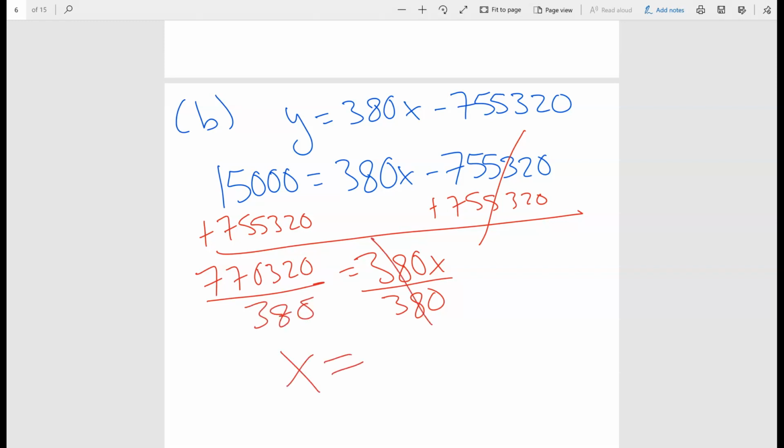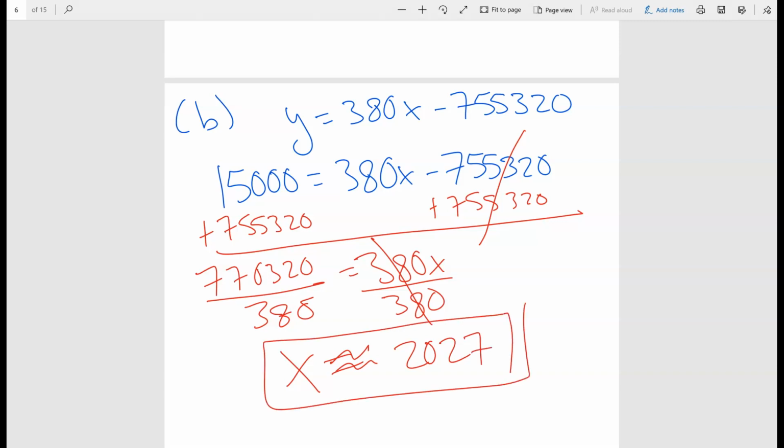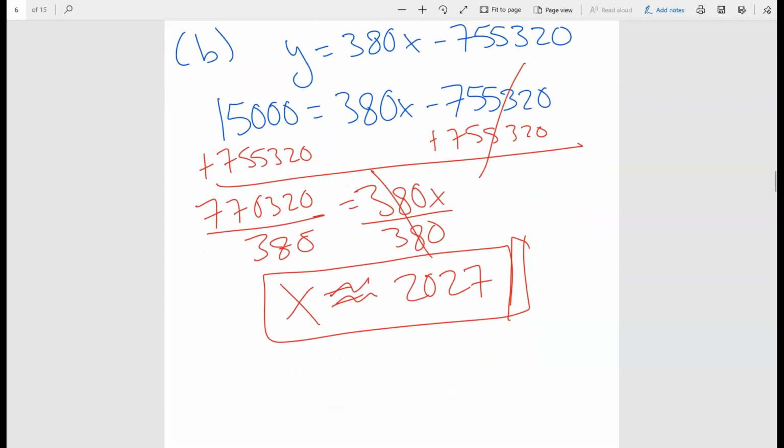So x is equal to that divided by 380, which is approximately 2027. So in the year 2027, that's when my population is going to reach 15,000, assuming this is a linear trend. Obviously we know that population doesn't really work that way, but assuming this is a linear trend, this is where the population will be.